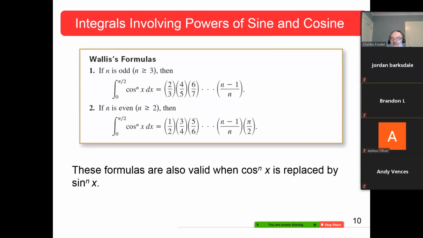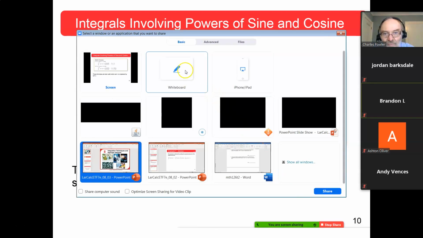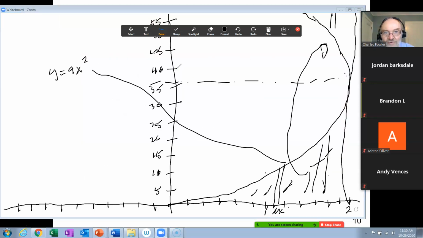Okay, now they're skipping example 2, surprise, surprise, example 3, surprise, surprise, and jumping down to the bottom of page 534. So let's do example 2. I think we've got time to do it. So I'm going to go to the whiteboard and we'll do example 2.